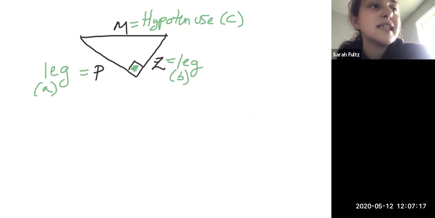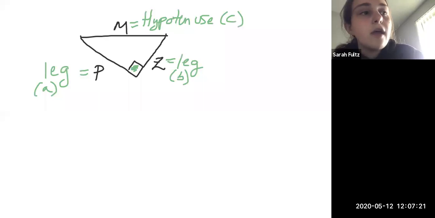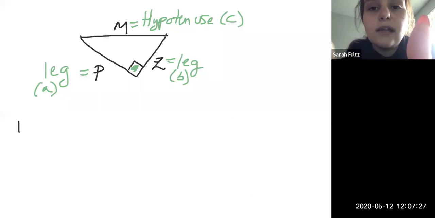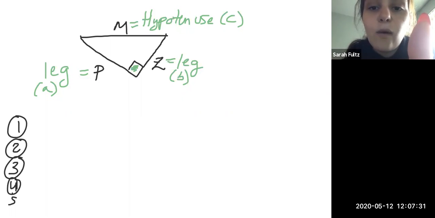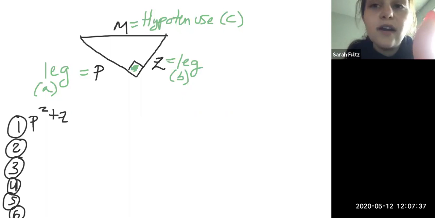And it asks us to select all the equations that represent the relationship between M, P, and Z. So they give us 6 options. I'm going to write them out really quickly. Hopefully they can all fit right here. All right. Option 1, P squared plus Z squared is M squared. Option 2, P squared plus M squared is Z squared.